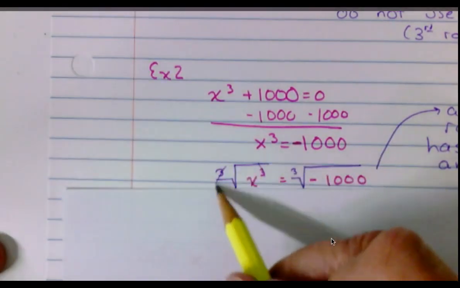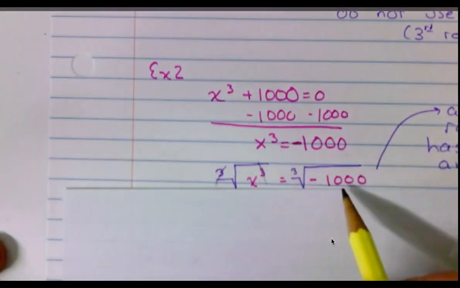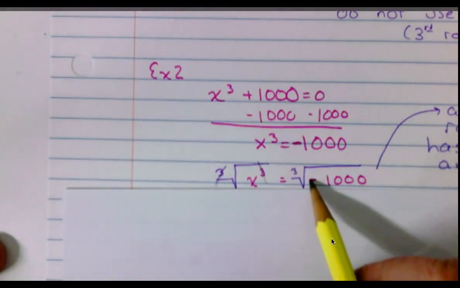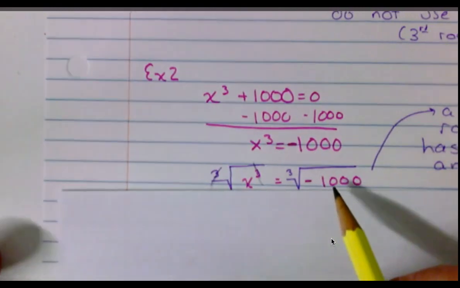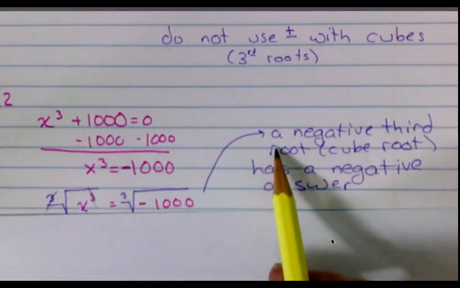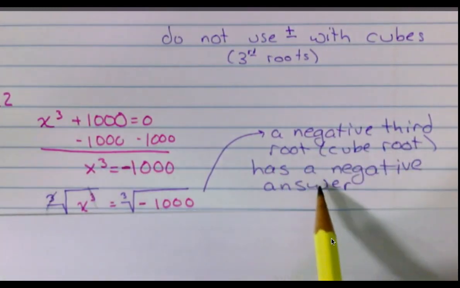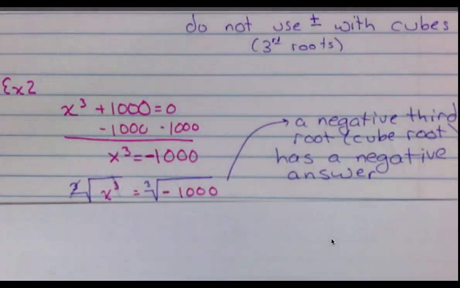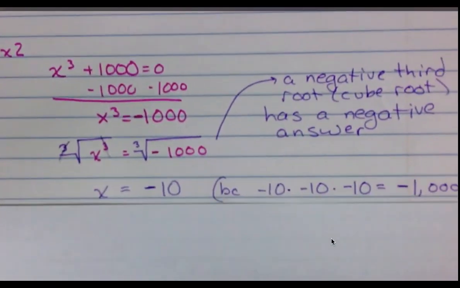And then this 3 and this 3 cancel. And I have the third root here of negative 1,000. Notice the negative is inside the radical. It's part of the radicand. And what we're going to know is that a negative third root or a negative cube root has a negative answer. So the cube root of negative 1,000 is negative 10.